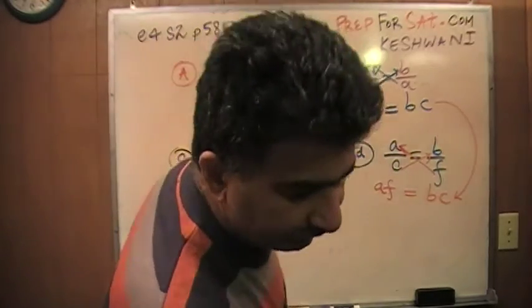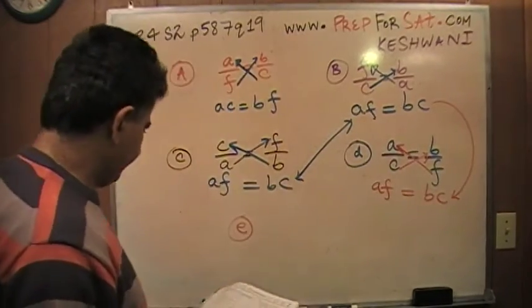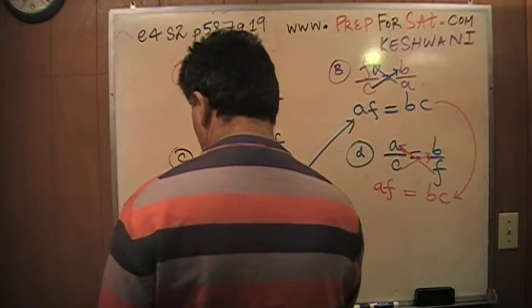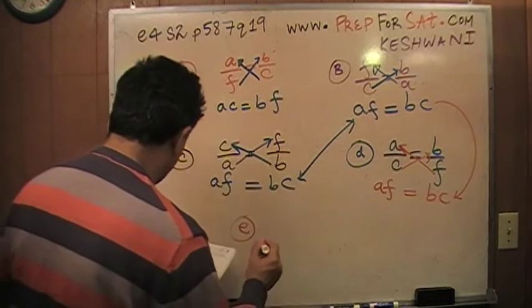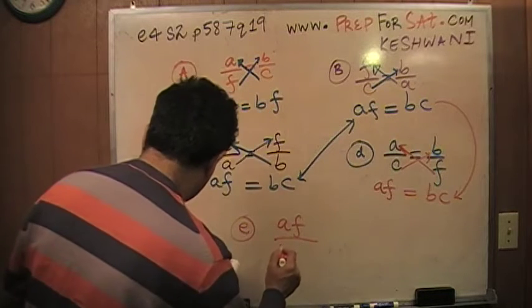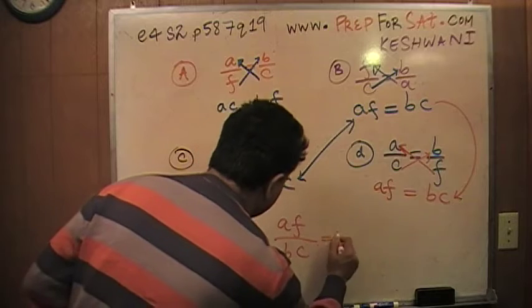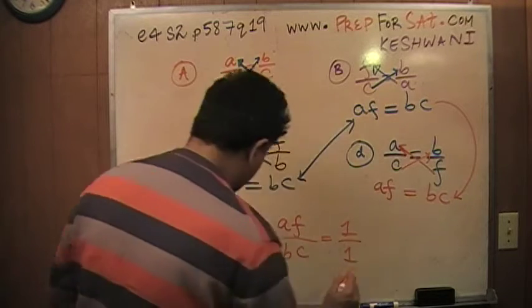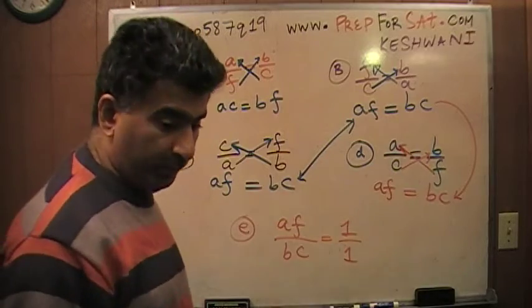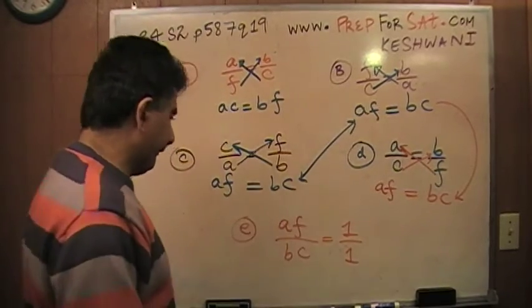Let's see what happens. Well, E is very straightforward. A times F over B times C equals 1. And they are so nice actually that they give you 1 over 1. They could have just said 1.